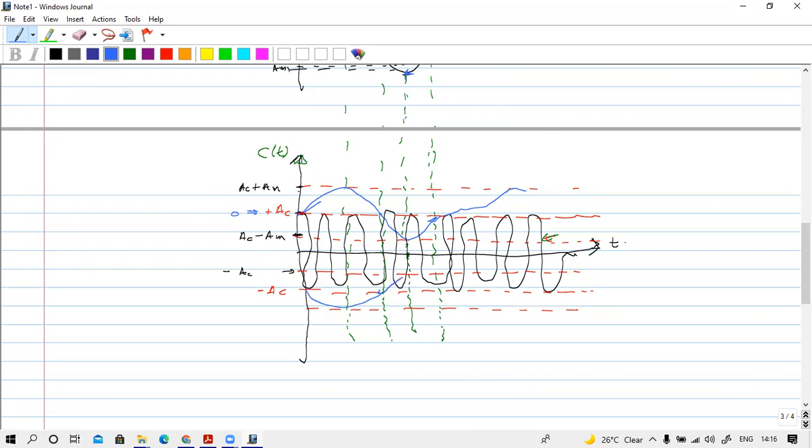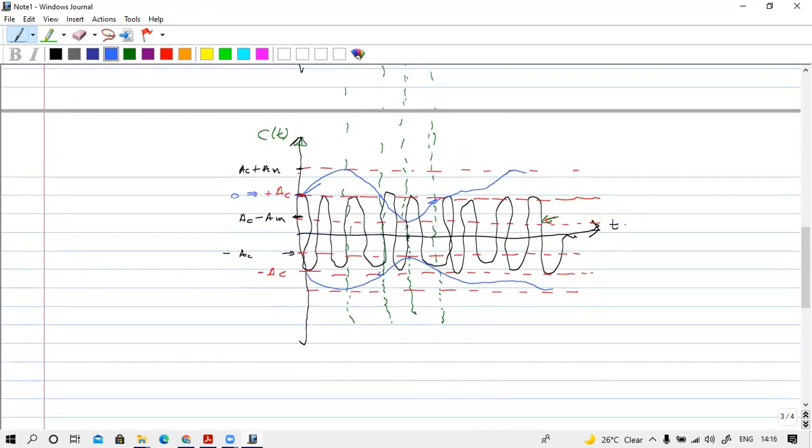Then it comes to the minus AM level, then again goes to 0, and goes like this. So this is the amplitude modulated signal. This blue cover is what we call the envelope of the amplitude modulated signal.